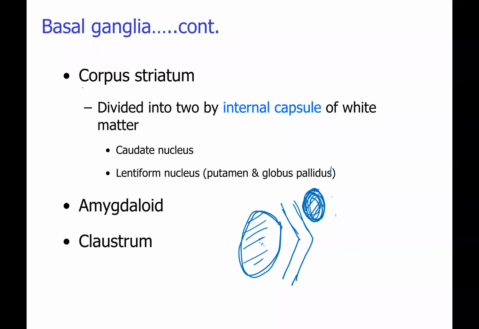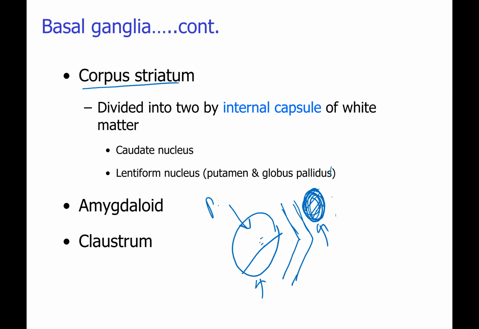So remember this term corpus striatum. You can divide it into two parts, caudate and the lentiform nucleus. Then the lentiform nucleus, if you look into the details of that, also has two parts. It's like this. This is called putamen. People pronounce it in different ways.